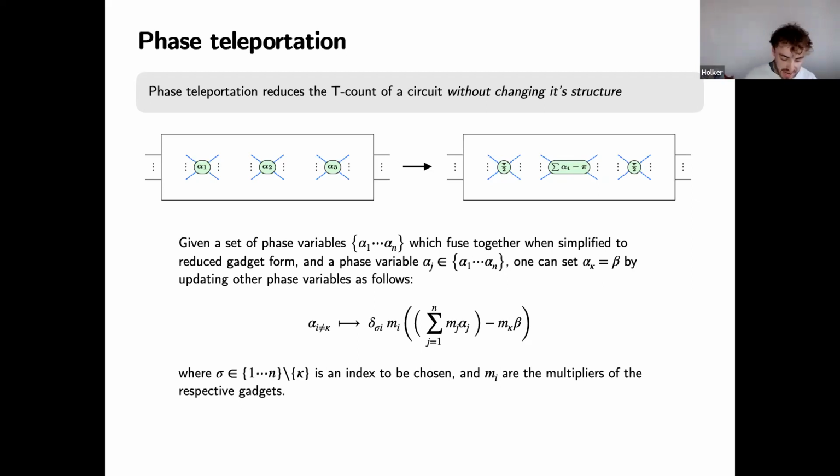And so by delaying, if you apply phase teleportation first and keep track of which phases are fused together and how they can interact, you can allow phases to jump around. And this means that you could, for instance, apply local complementation on a vertex, which you may not have been able to before, or apply pivoting on vertices you may not be able to before, and use this to allow phases to jump around.